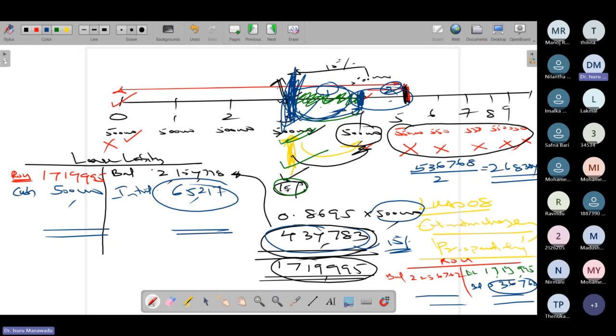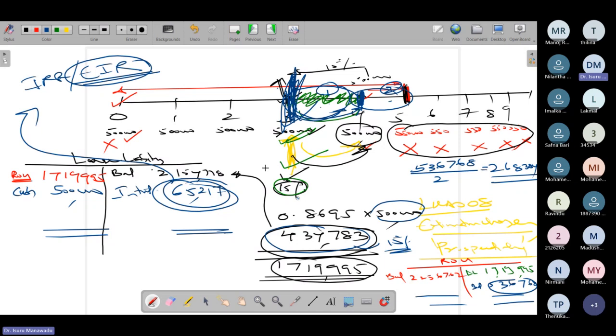This interest is calculated based on IRR, in the sense EIR, effective interest rate. This 15%, earlier we were using 13%. These rates are called effective interest rate, in other words, IRR, internal rate of return.